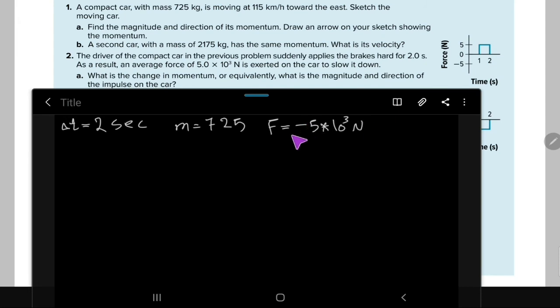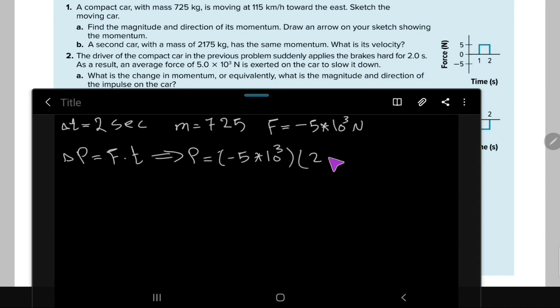The minus or negative sign is there because it slows the car down. So we have our equation, which is delta P equal to F times t. After that, we have delta P equal to minus 5 times 10 to the power 3 multiplied by 2, which is the time, 2 seconds.